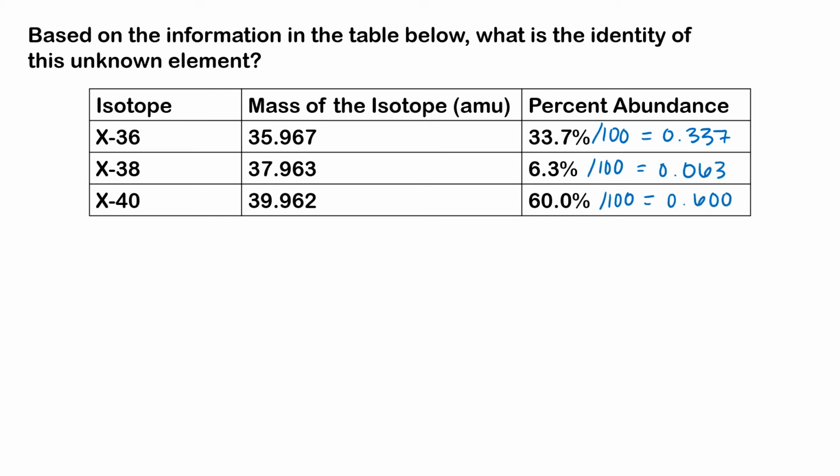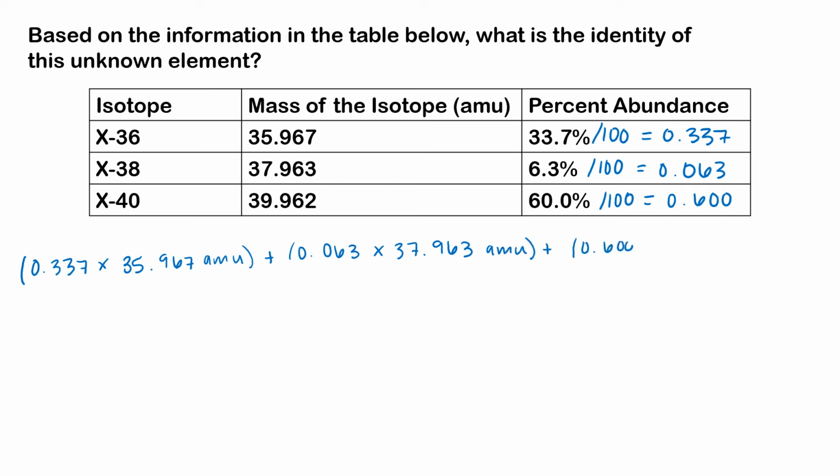Then we're going to multiply those relative abundances by the mass of the isotopes. We're going to do it for all the isotopes we have.